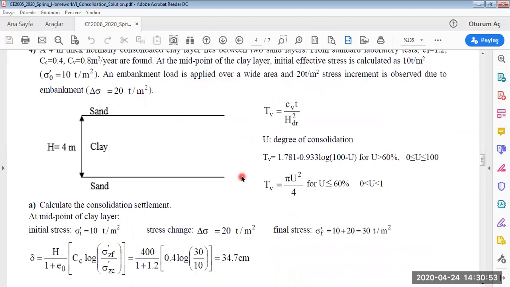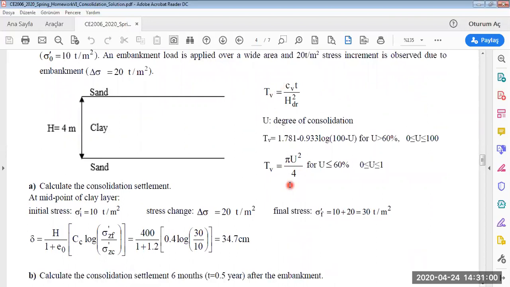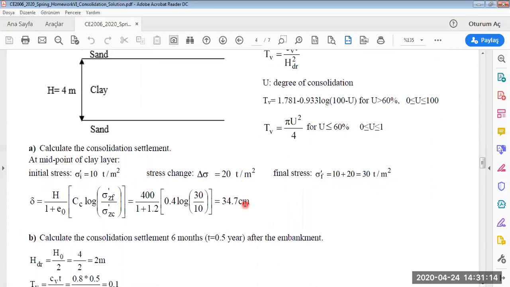And here are the formulations that we will need for the calculation of consolidation settlements. We start with the calculation of initial stress and the stress change, and we will calculate the final stresses at the midpoint of the clay layer, and then we will use this formulation to calculate the consolidation settlements.